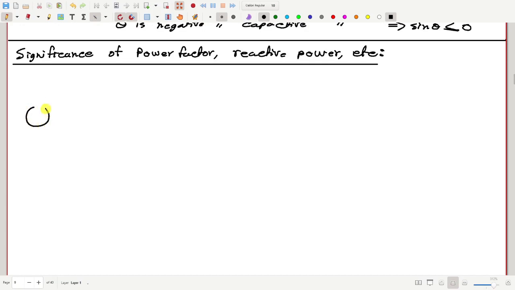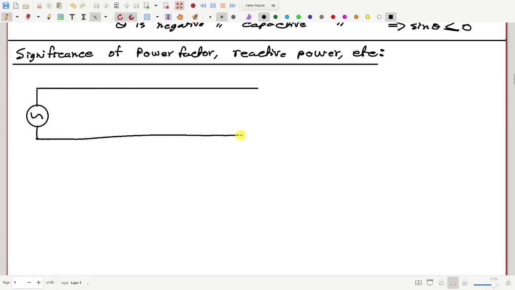Consider that we have a power system which has a generator generating some voltage, and then we have long transmission lines which bring power to our homes, and at the other end we have our homes, our gadgets connected here. We call this the load. This is the load side. Suppose this impedance is Z angle theta.